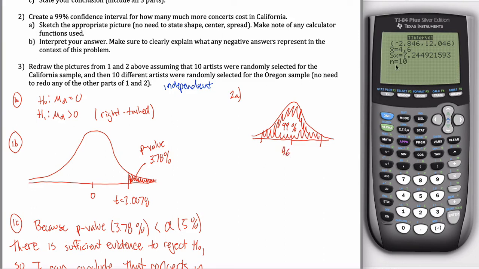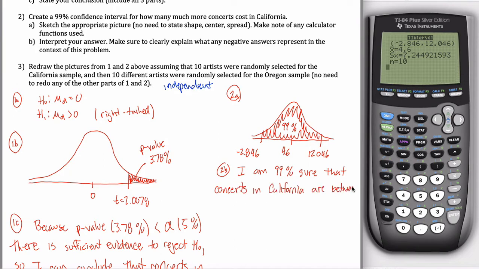So the point that's in the middle is this x bar here, the 4.6. The bounds of my interval are negative 2.846 and positive 12.046. So for my conclusion, I am 99% sure or confident that concerts in California are between this much less expensive and this much more expensive.